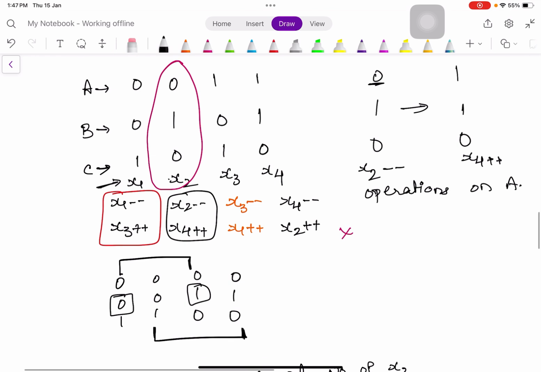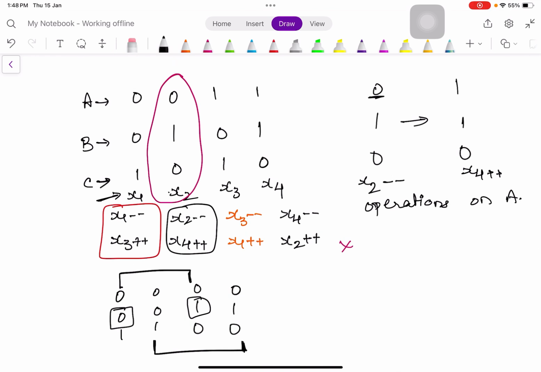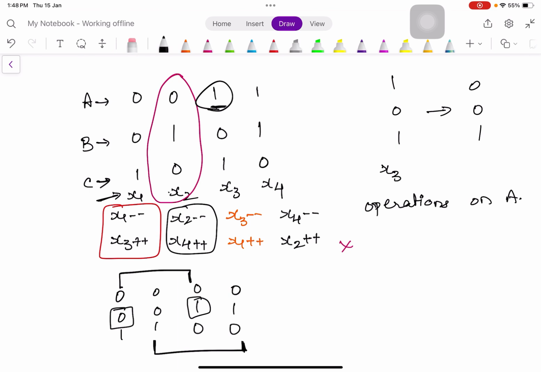Similarly, when 1 0 1 is the string configuration and we perform the first operation on the string A, then what will happen? 1 0 1 will get modified to 0 0 1. It means x3 minus minus will happen and x1 plus plus will happen.